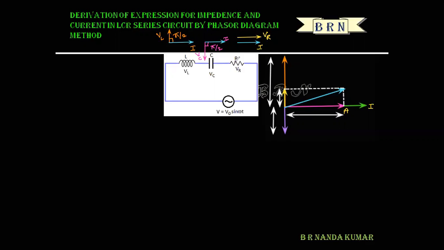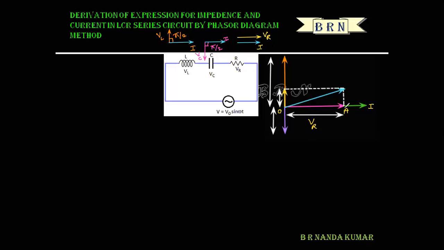So the OA vector represents the potential difference across R, that is in phase with the current. So there is no phase difference between voltage and current.